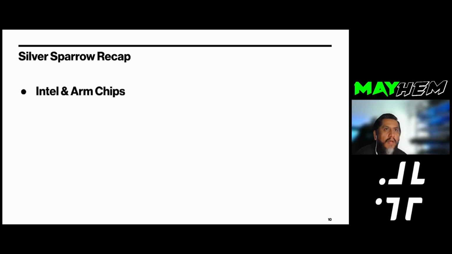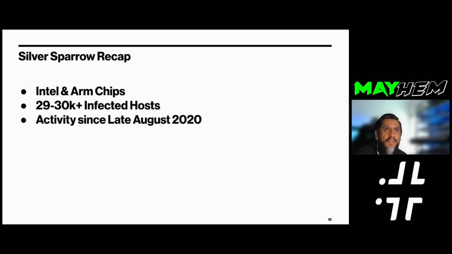And we'll talk more about what that might mean. So the full recap of why this malware is interesting: it infected both Intel and ARM chips. According to news, there were about 29,000, even upper numbers of infected hosts. The activity started in late August 2020, and it made the news later in February. So this malware was active for quite some time until it made the headlines.